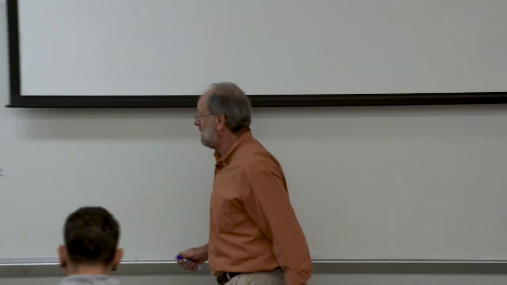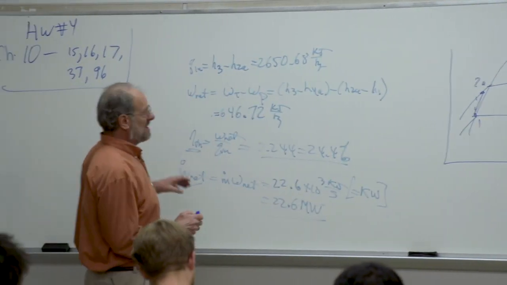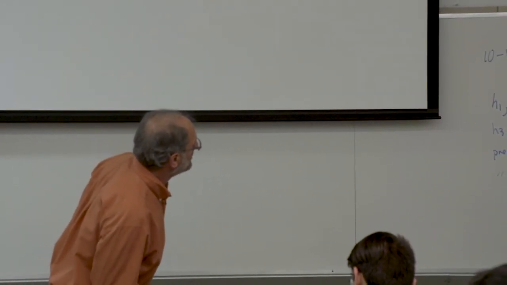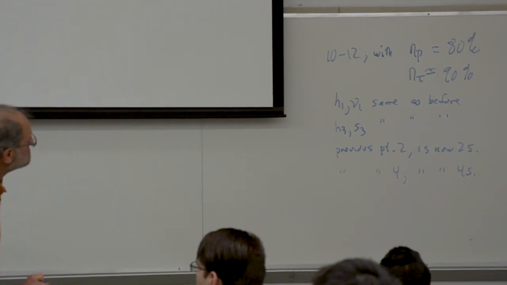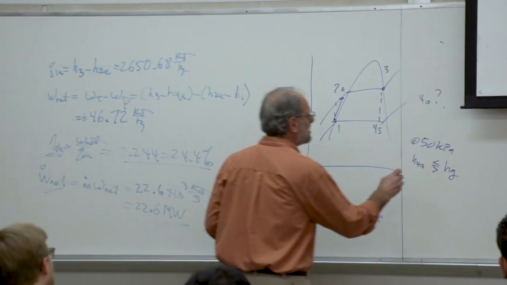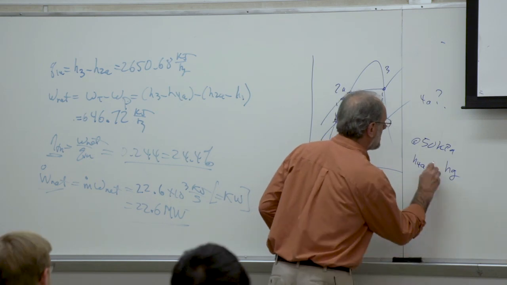Okay, so Hg is about 2645, and my value of H4A is 2344. So it looks like we're still in the two-phase region. If we're less than Hg, I mean, assuming that I looked up the numbers properly, which I don't always do.